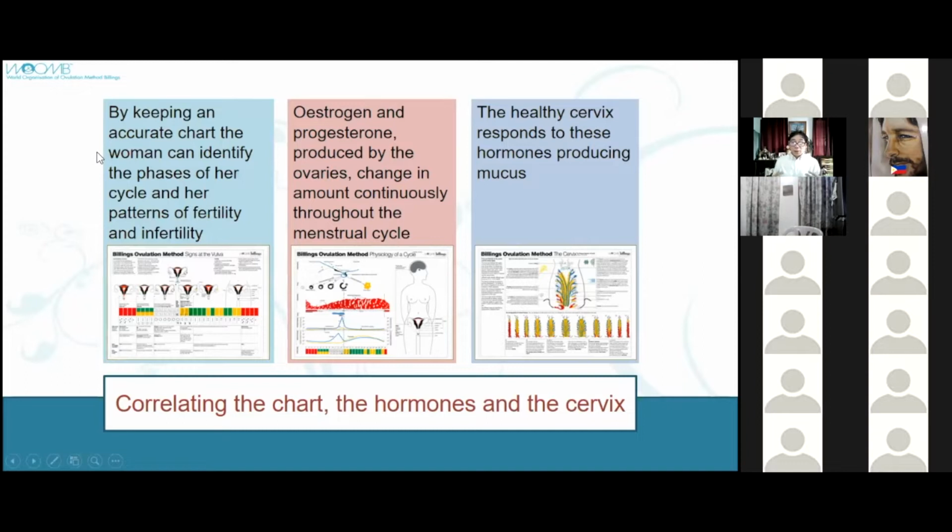By keeping an accurate chart, the woman can identify the phases of her cycle and her patterns of fertility and infertility. So these are the three: the chart, the hormones, and the study of the cervix. These three are correlated in order for us to understand the 4 phases of the cycle and to identify accurately the patterns of fertility and infertility.